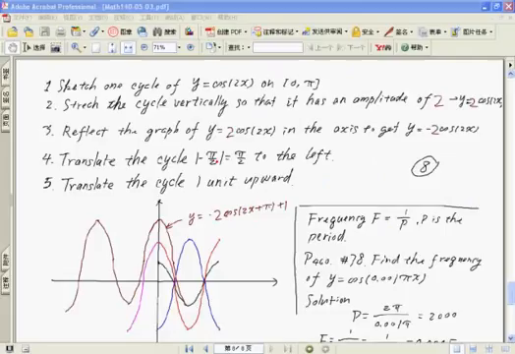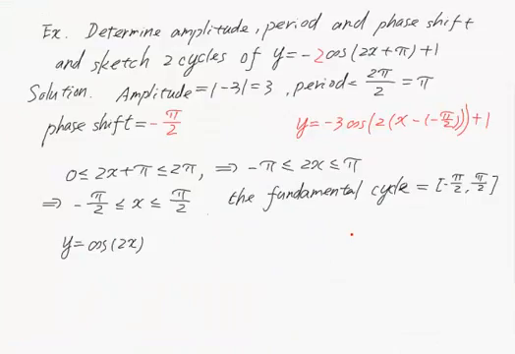Now let's look at step 4. Translate the cycle half pi units to the left. Let's go back to the original function, and you look at this original function. So you see this phase shift is equal to negative pi over 2. So that means we need to do the shifting to the left by pi over 2 units, right?